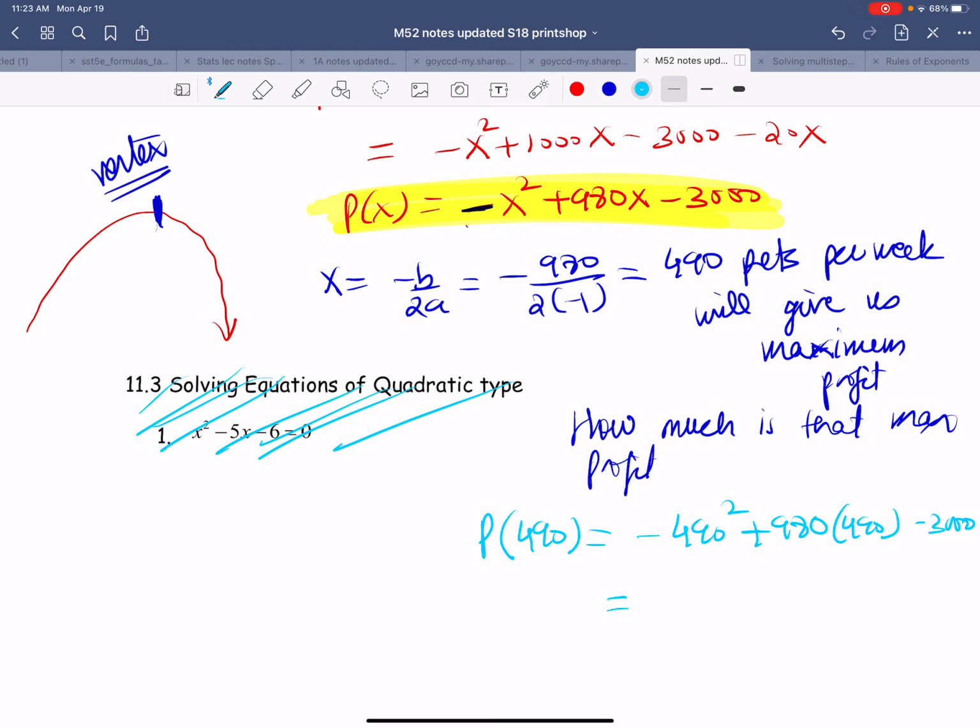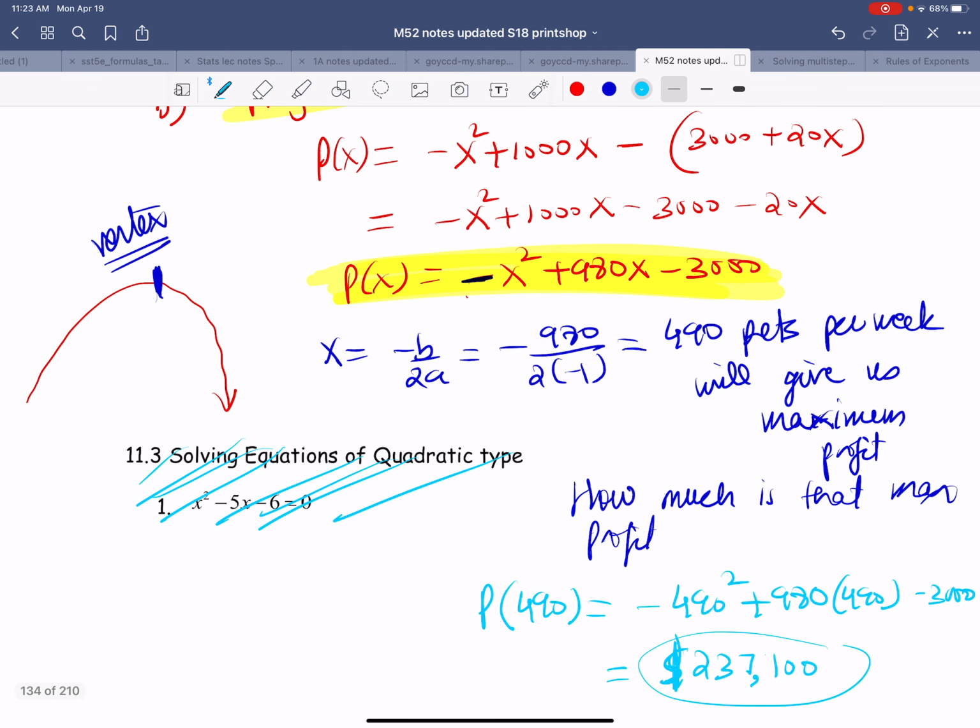And that turns out to be 237,100. That's the maximum profit, and it's in dollars. Don't forget the dollar sign at the front, because the units for profit are dollars, and the units for x is the pets. Okay, that's all in this video.